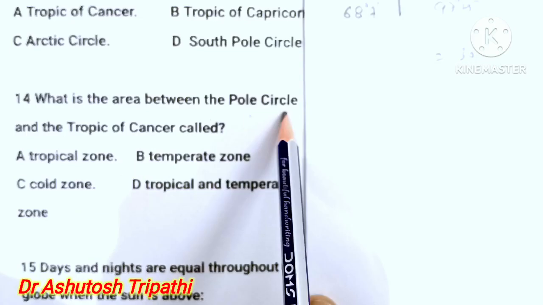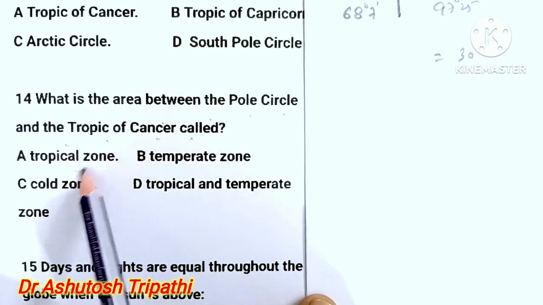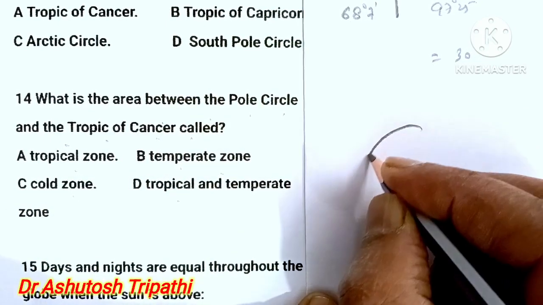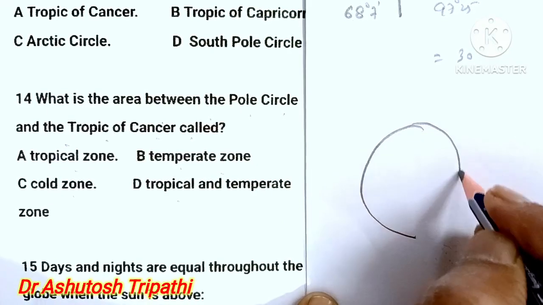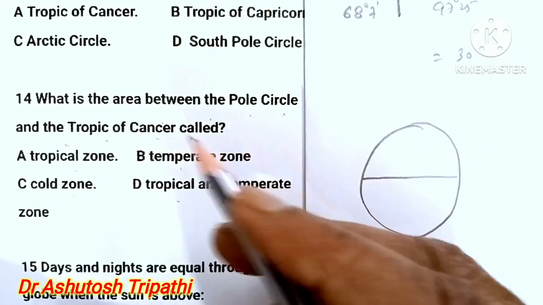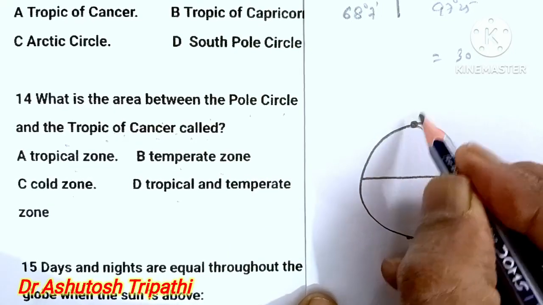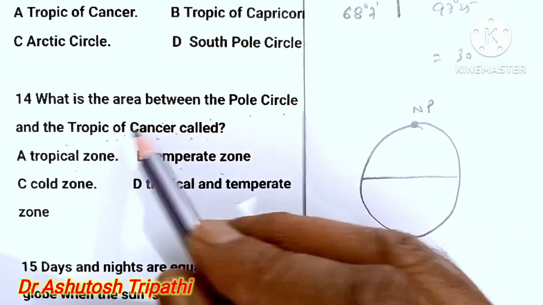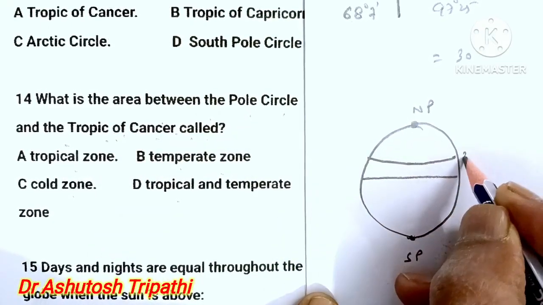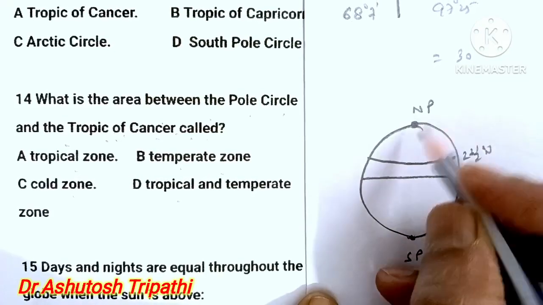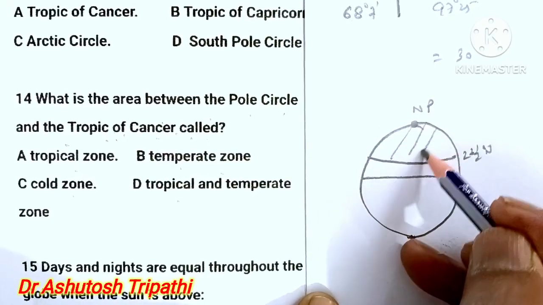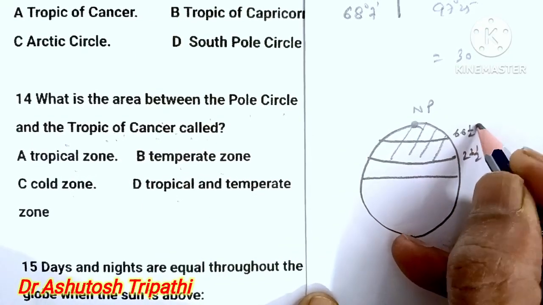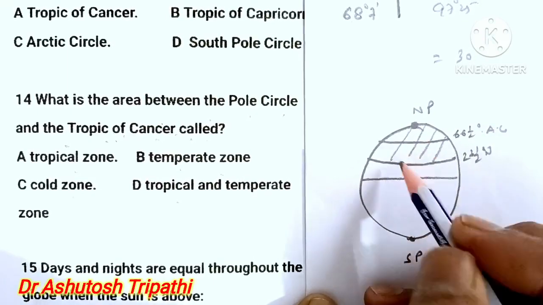What is the area between the pole circle and the Tropic of Cancer called? Tropical zone, temperate zone, cold zone, or tropical or temperate zone? Now first see the area. The question is about the Tropic of Cancer and the pole. This is the North Pole, and this is the South Pole. The Tropic of Cancer is here at 23 degree and a half north. Here at 66 and a half degree is the Arctic Circle.